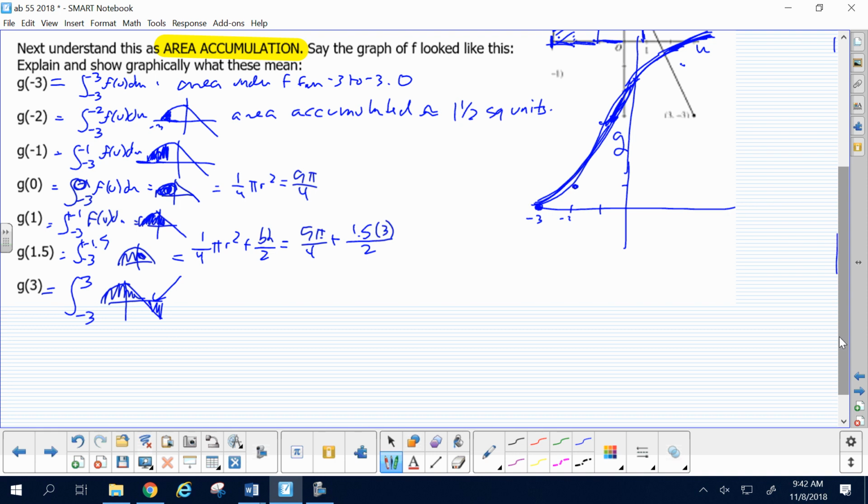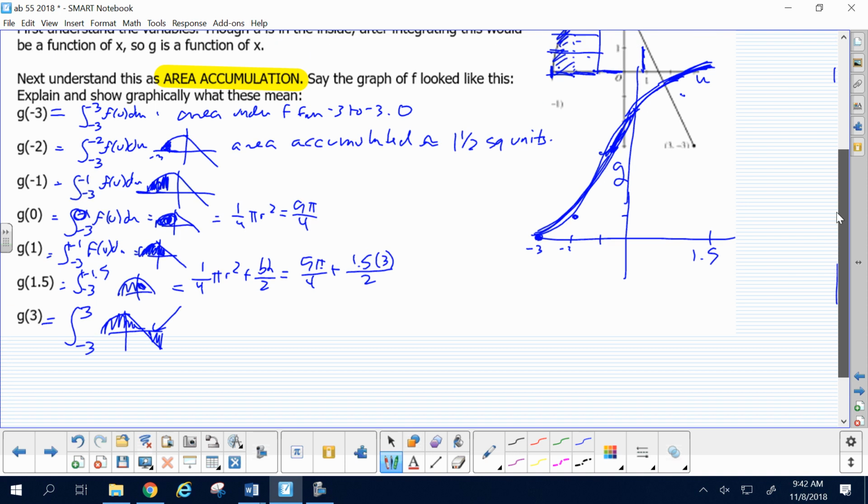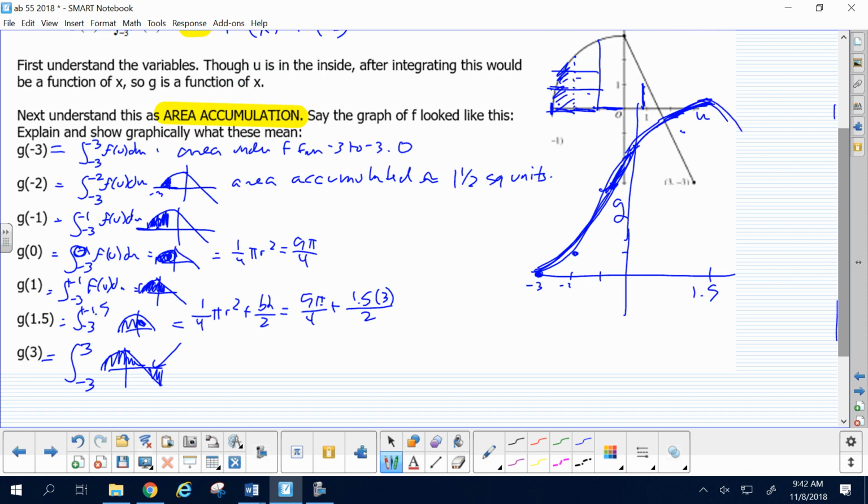And so after 1.5, you're going to start to see the area decrease. Where will it end up equivalent to? Think about the way those two areas relate in those triangles. This negative area is equivalent to that positive area. So G at 3 will be the same as G at 0. Okay? Are you with me?